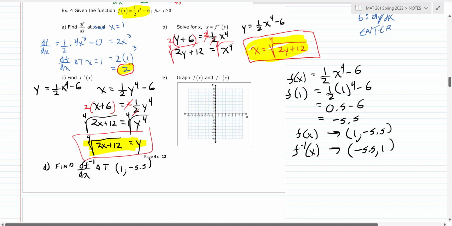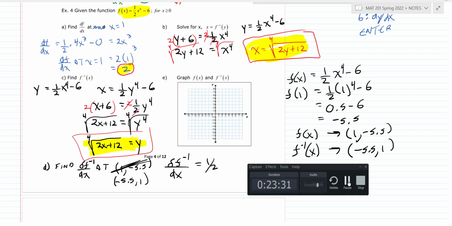At this particular point on the inverse, we would really be working at the point negative 5.5, 1 on the inverse. So on the inverse at that particular point, it would be equal to 1/2.